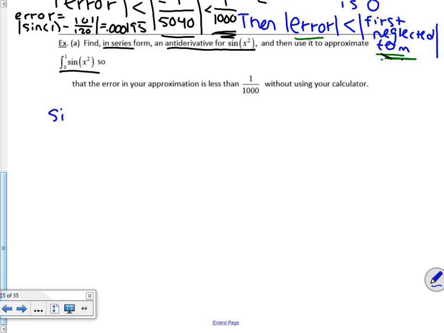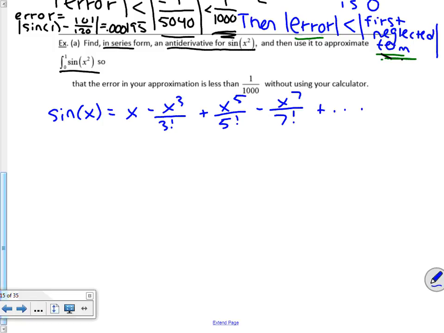Let's write that again. So the series for sine of x, again, is x minus x cubed over 3 factorial plus x to the 5th over 5 factorial minus x to the 7th over 7 factorial, and so on and so forth. Now, if I want to find it for sine of x squared, I need to make that substitution.